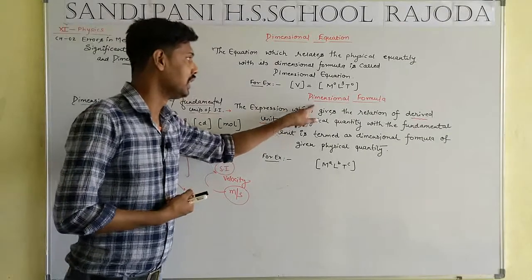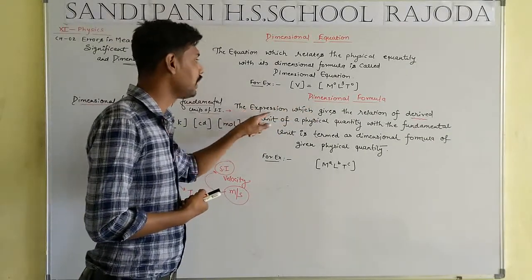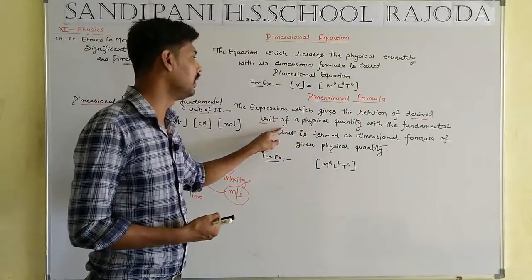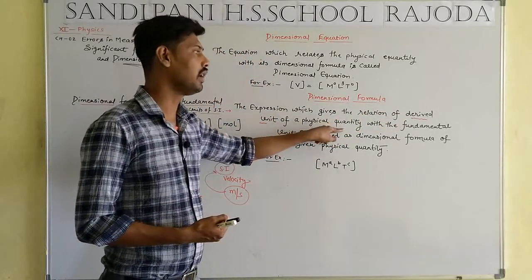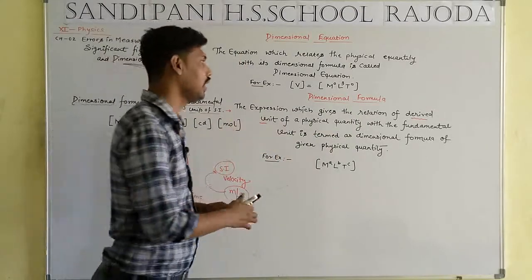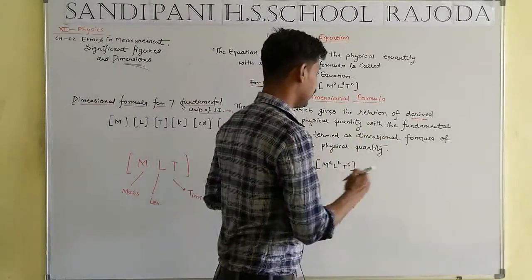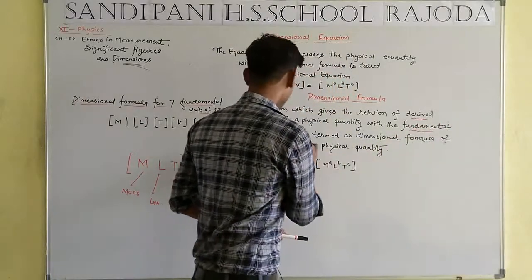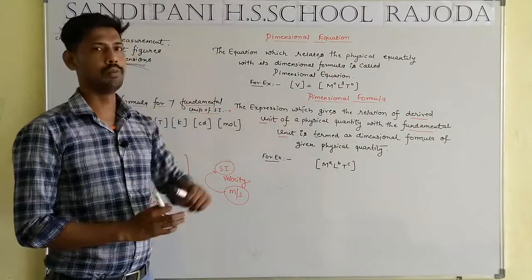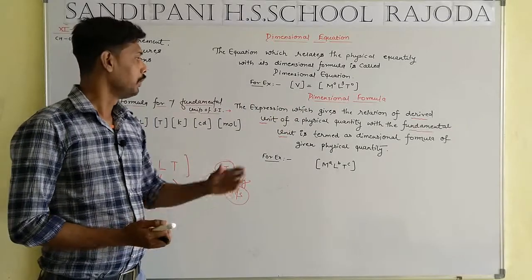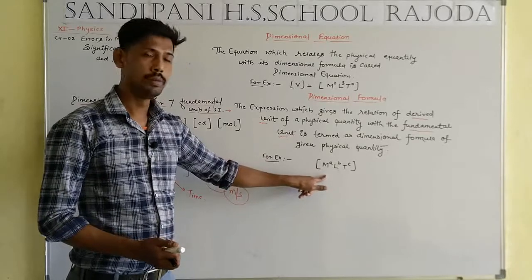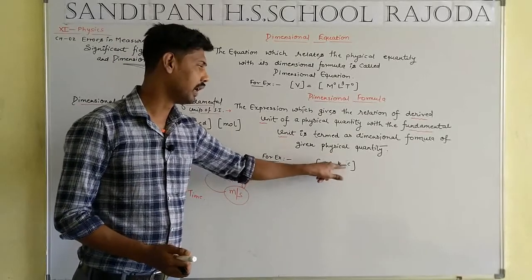That means the dimensional formula is the expression which gives the relation of the derived unit of a physical quantity with the fundamental unit. That means the relation between the derived and the fundamental unit is known as the dimensional formula.